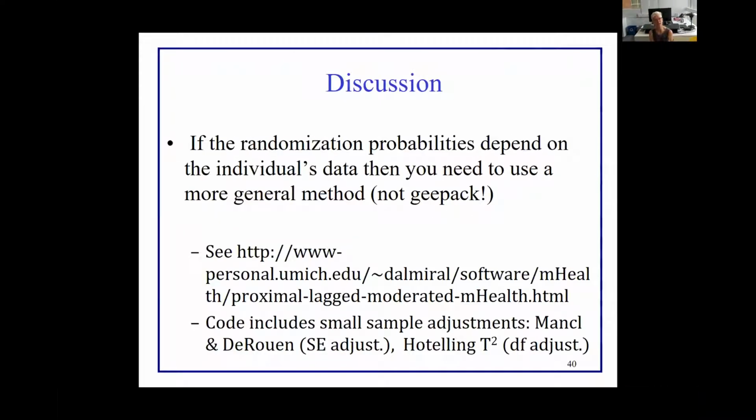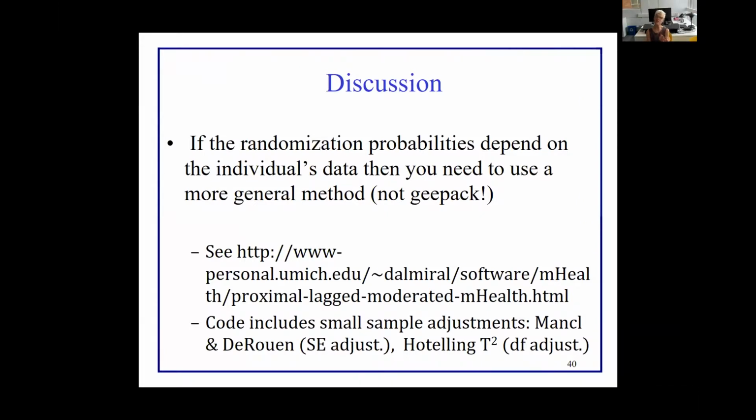So if the randomization probabilities you're using depend on the individual's data, which is exactly going to be the case with the next Heart Steps, then one has to use a more general method. And luckily for us, Danny Amaral has written really nice code to do that, and I give you the link here. Another great thing about this code is it uses a number of small sample adjustments, and that means the confidence intervals are more accurate.